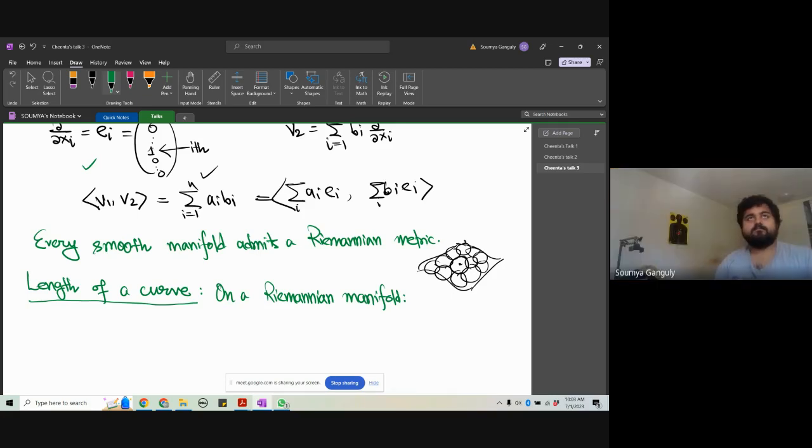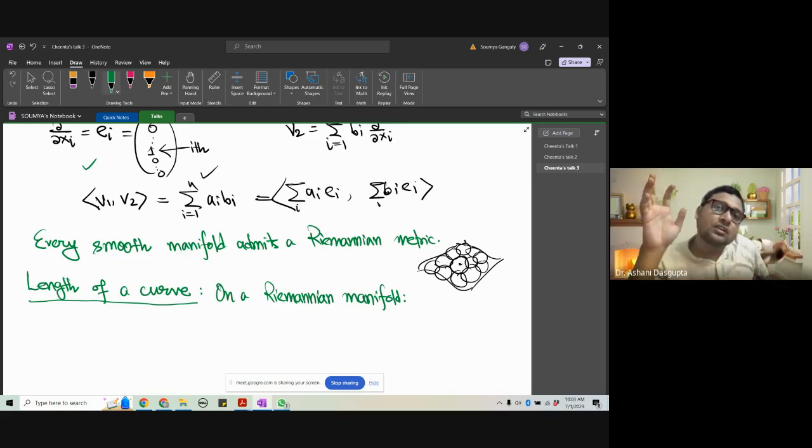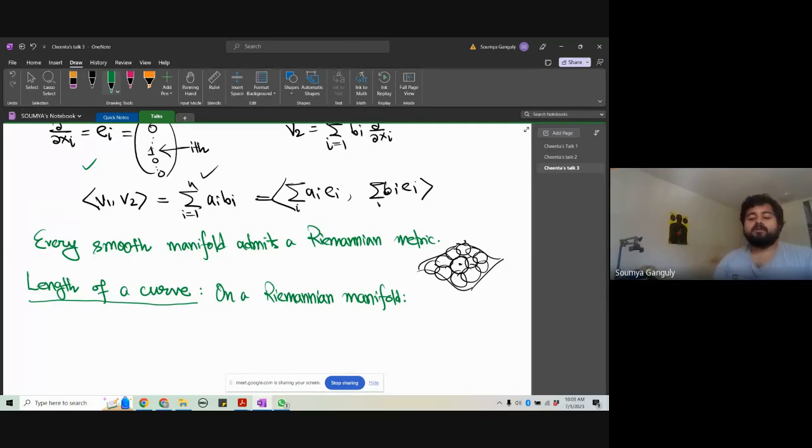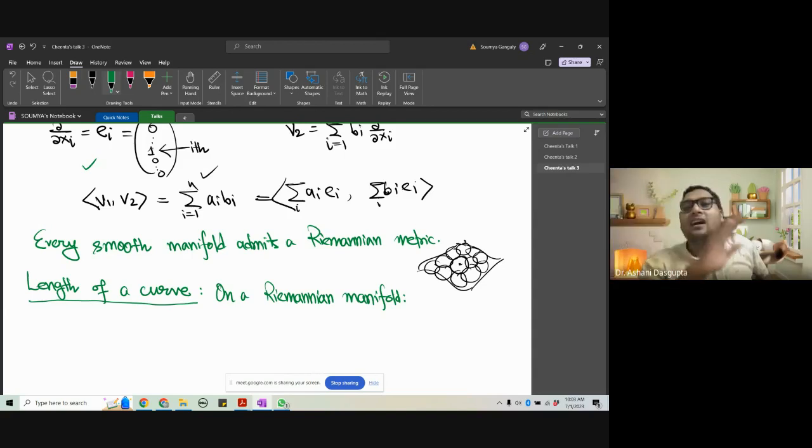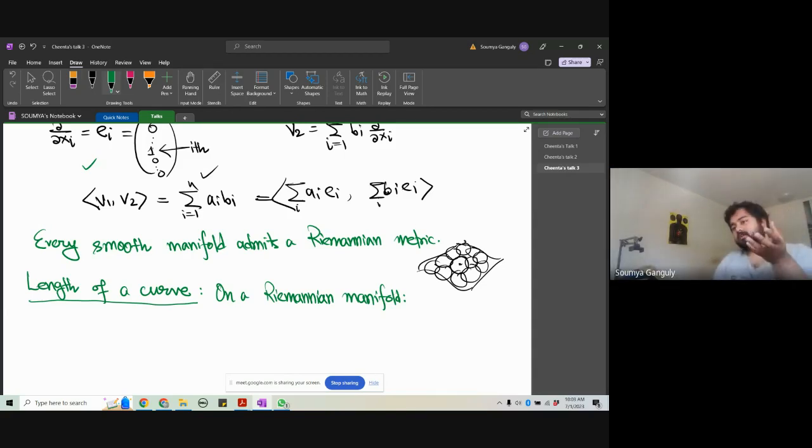So if we do that at every point, we would have defined an inner product. Yeah, but the problem is that for it to be a metric, the inner product should vary continuously across different tangent spaces. So a metric is also a function. For differentiable manifolds, we need that function to be differentiable. If you arbitrarily define inner products on each of the Rn tangent spaces, it will be a function, but it may not be differentiable.